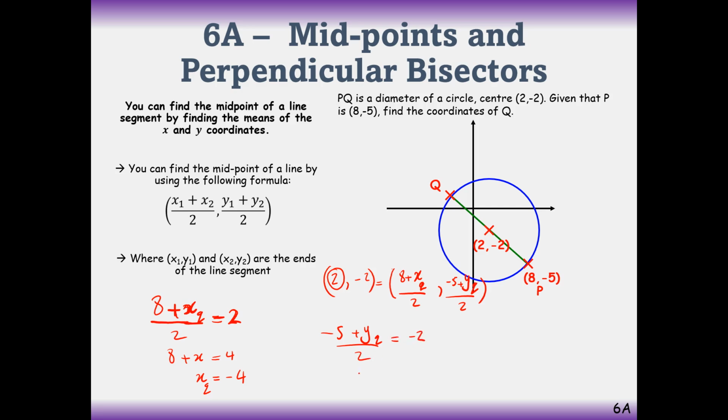Multiply both sides by 2, you end up with minus 5 plus y equals minus 4. So add 5 to both sides, yq is 1. And it makes sense because it's in the second quadrant. So q has coordinates of minus 4, 1.